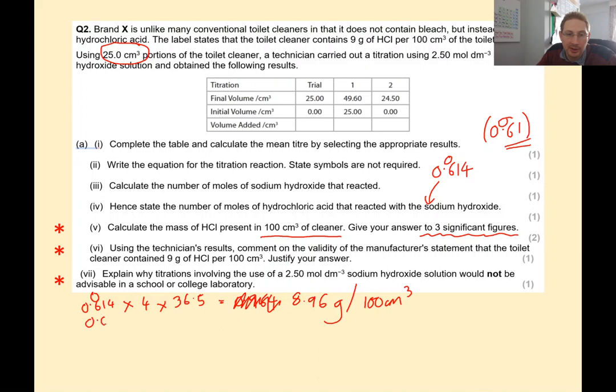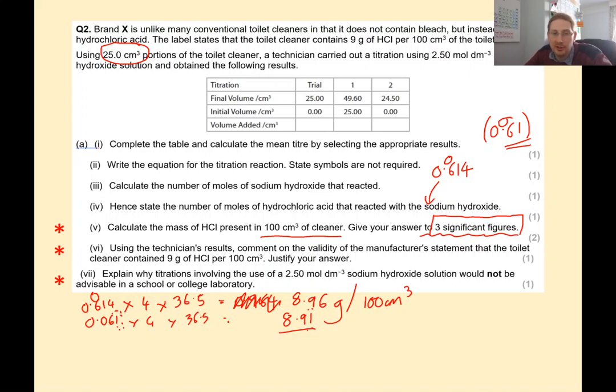So if you had 0.061 times 4 times 36.5 and you got the answer 8.91, you are inventing precision because your input data is not accurate to sufficient precision for you to give that correctly. So just watch out for that, okay? If you're asked to give something to 3 sig figs, your input data must be accurate to at least that.